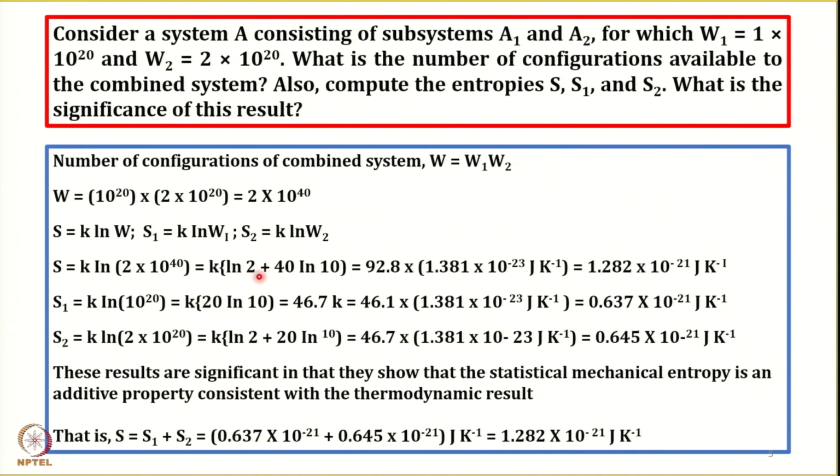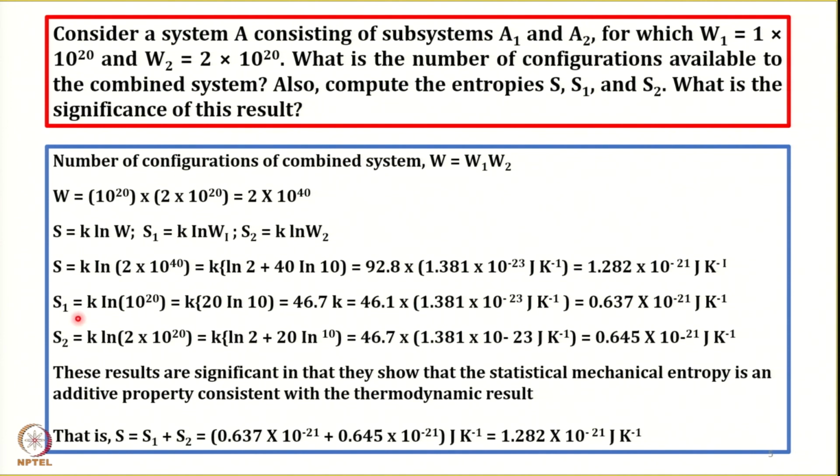Well, this is simple mathematics, you can do it yourself. The value of this bracketed term is 92.8, and you put the value for the Boltzmann constant, the answer comes out to be 1.282 into 10 raised to the power minus 21 joules Kelvin inverse. This is for the combined system.